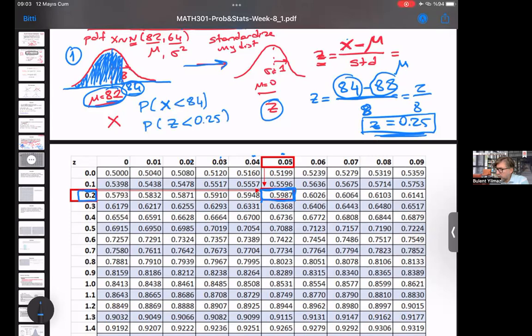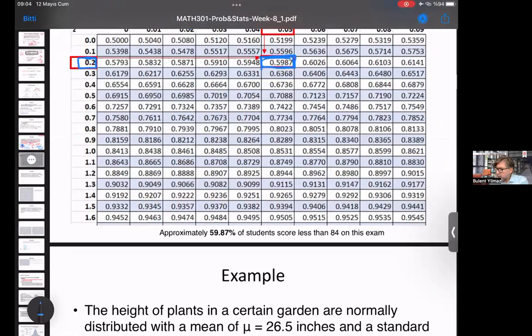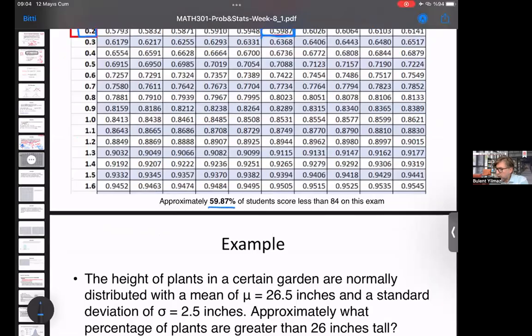So this z table will give me this point 0.5987. What does it mean? It says around 60% of the students score less than 84 on this exam.